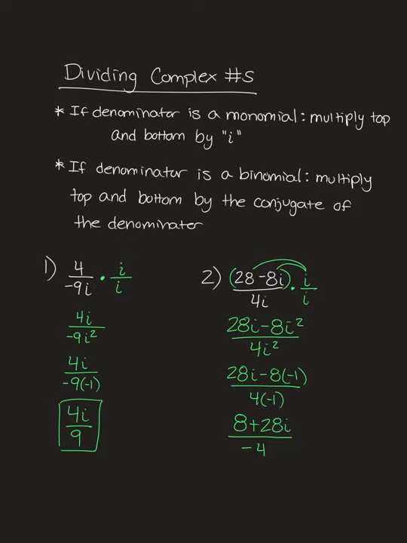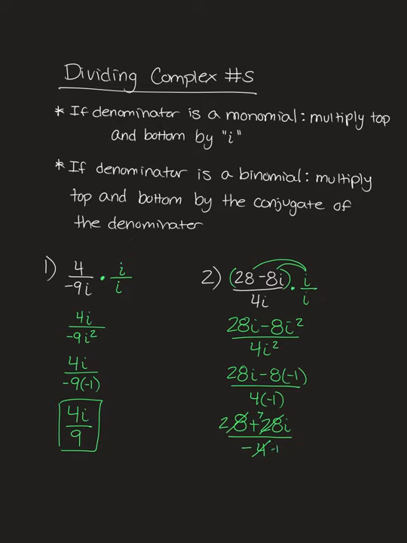Now, with this one, you can actually reduce. Okay, you can reduce each term here by 4. So 4 goes into 8 twice. 4 goes into 28 7 times. And 4 goes into negative 4 negative 1 times.